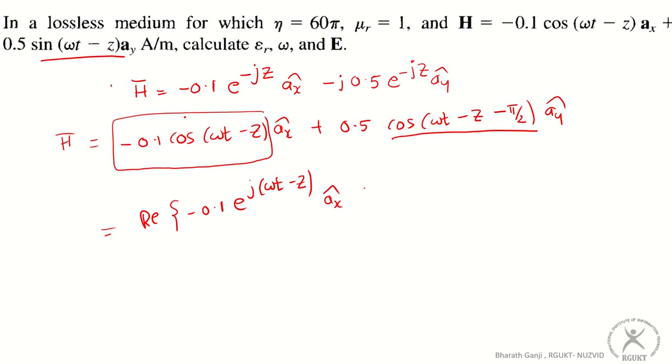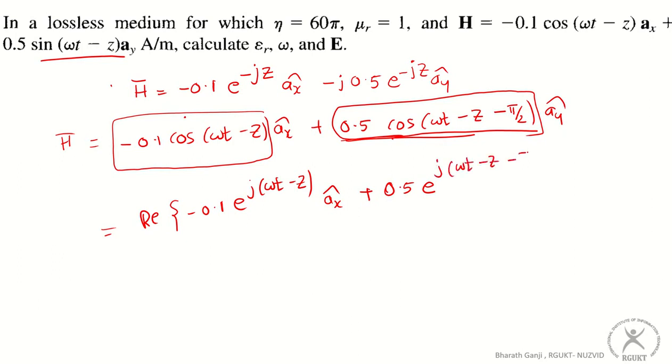In the same way, this one can be written as, of course, real part of 0.5 e power j omega t minus z minus pi by 2 into ay cap. Right? So that is how you write it.